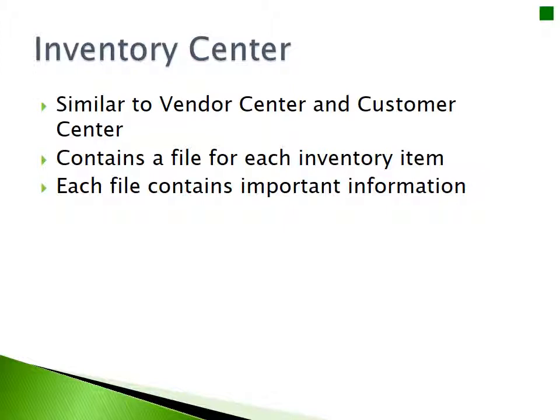The Inventory Center is similar to the Vendor Center and Customer Center. It contains a file for each inventory item. Each file contains important information such as the item name, description, cost, sales price, quantity on hand, etc. It duplicates the information contained in the item list.